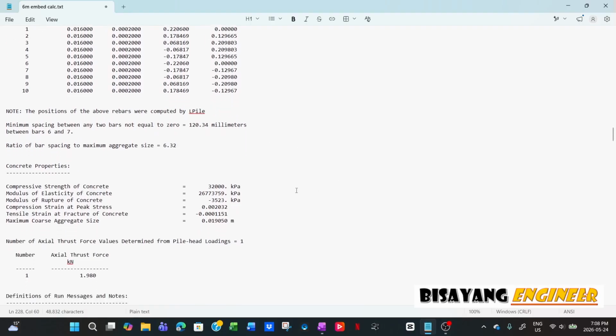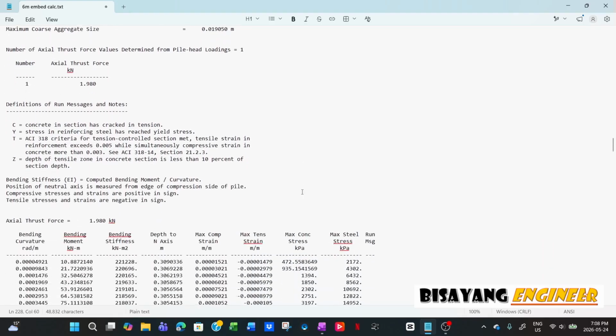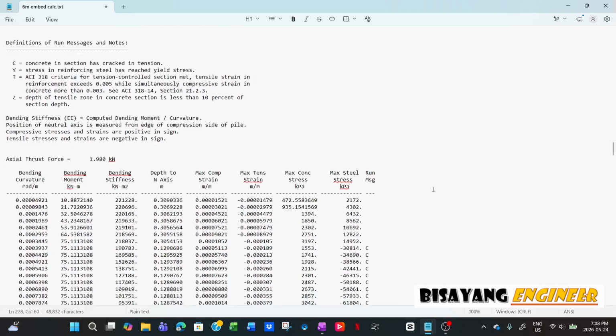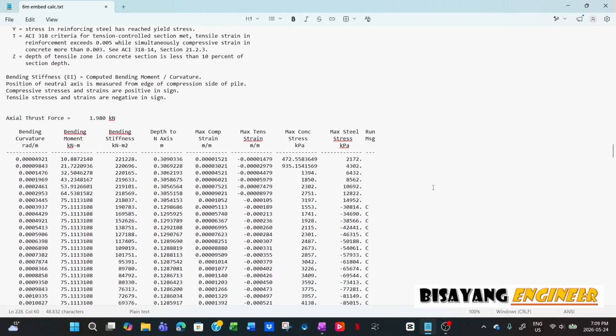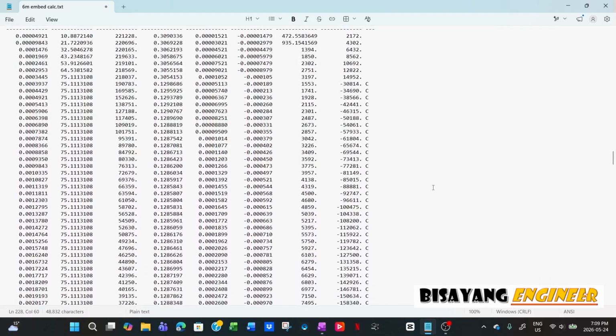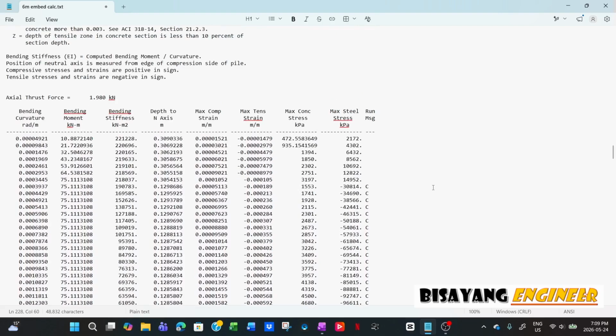I convinced them to buy this one. So ever since, I've been using this since 2014.